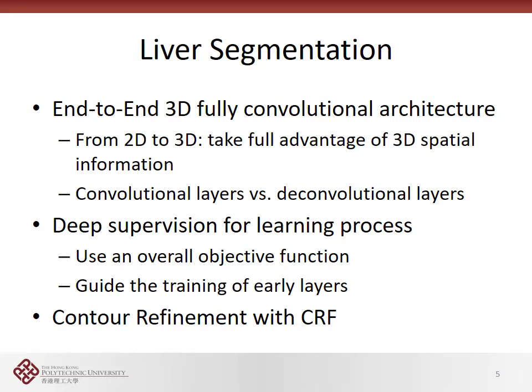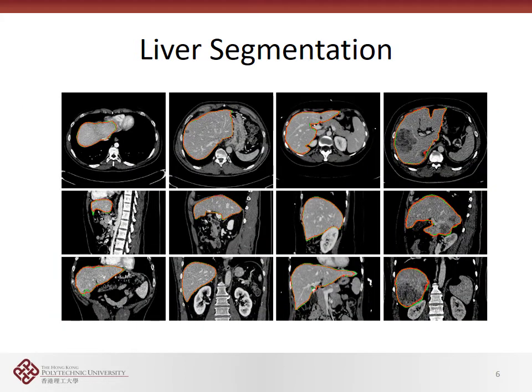That is, to construct some interactions between the higher layers and the early layers, using the results of higher layers to guide the training and learning of early layers during the training procedure. Finally, we also propose a CRF technique to refine the segmentation results by refining the contour. This figure shows some segmentation results.